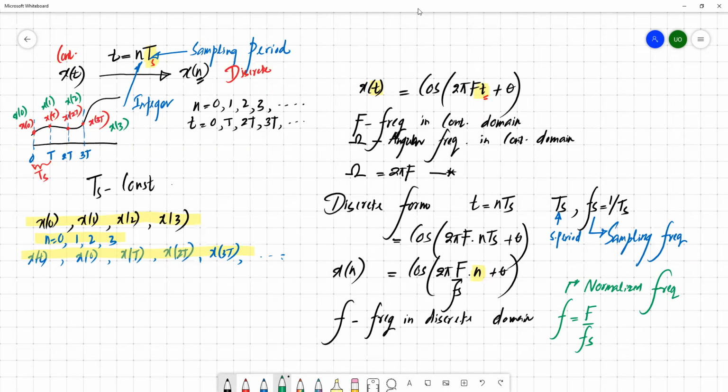Similarly, we can bring in another variable, small omega. This is the angular frequency in the discrete domain.